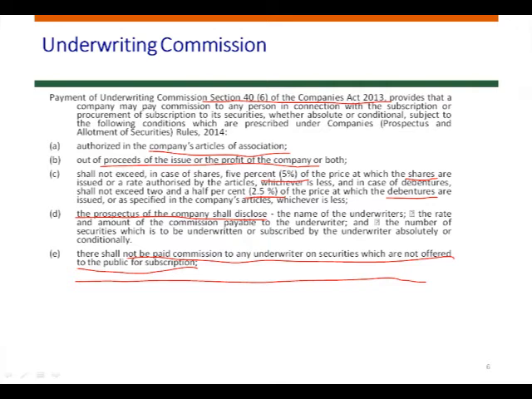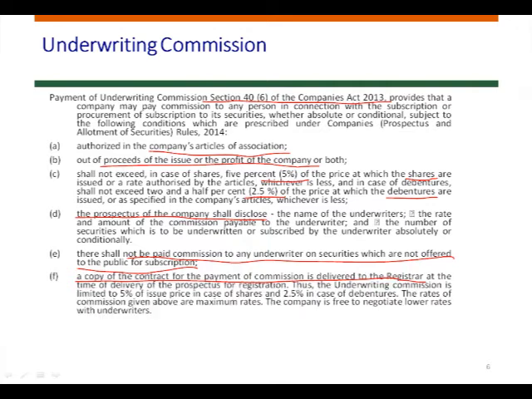So the commission will be paid only on what is offered to the public. For example, if 10% remains with the directors or other stakeholders, not with the underwriters, commission will be paid on 90% of the total issue.